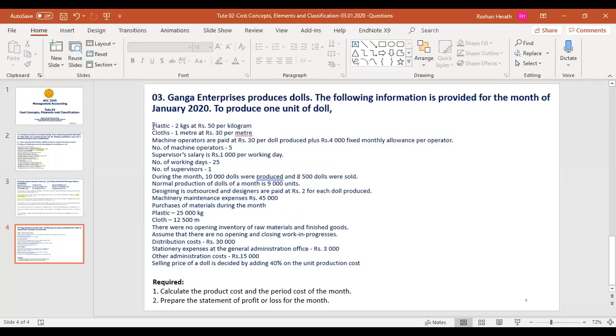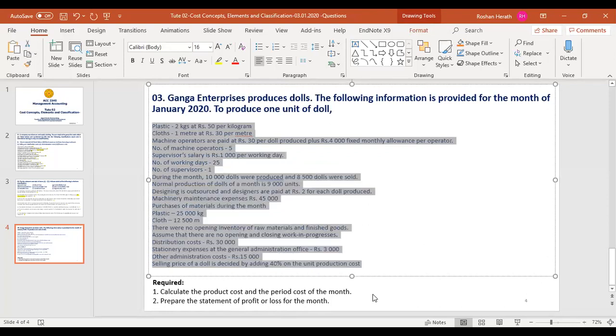So let me copy this information. I'm taking a kind of Excel sheet.